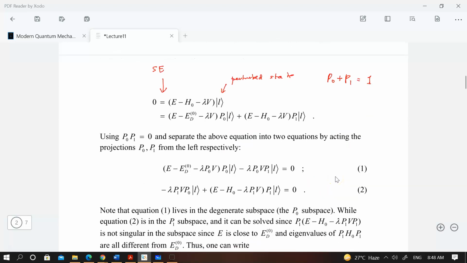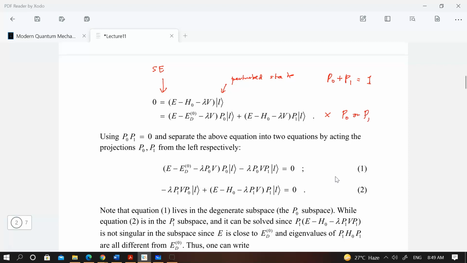The other thing we need is, because P1 comes from an orthogonal decomposition, you also have P naught times P1 equals 0. So what one can do now is multiply this whole equation by either P naught or P1.